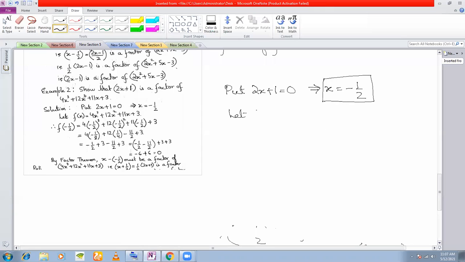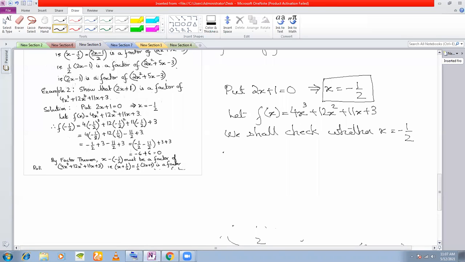So I say let f(x) is equal to 4x cubed plus 12x square plus 11x plus 3. We shall check whether x is equal to minus half is a zero of the polynomial f(x).